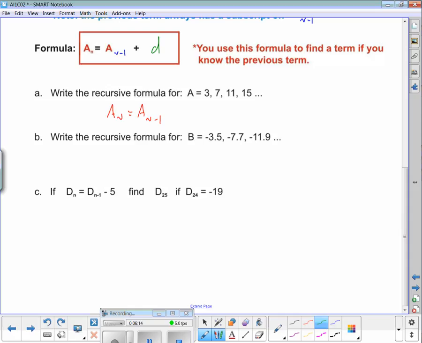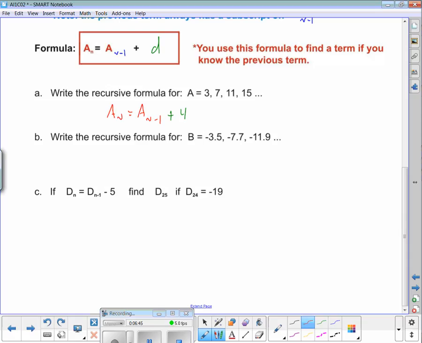And therefore I will finish it with plus what? Plus 4. And I am done, right? That's it. All I had to do was supply the common difference. Therefore, if I ask you for A sub 5, you're going to say it's A sub 4 plus 4, or 15 plus 4, 19.